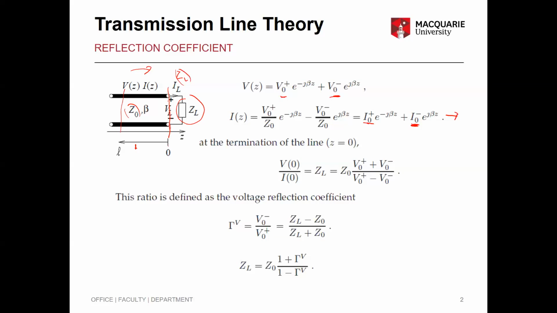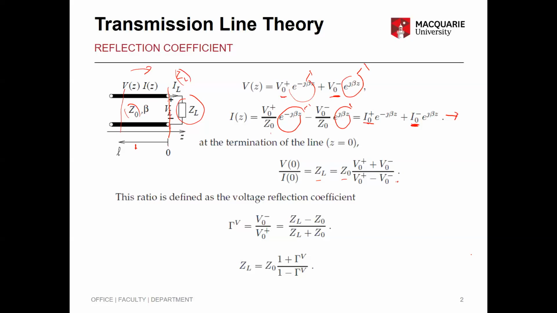V0 over I0 is Z load, and then Z0 comes from the denominator, and then we get V0+ and V0-, because all these exponentials become 1. So you end up with an equation like that.